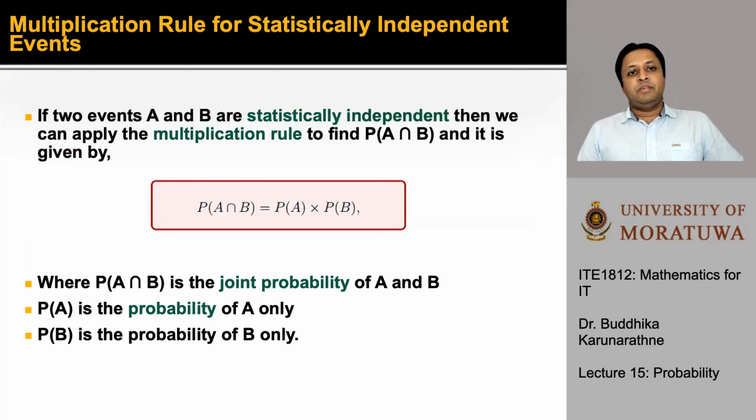We have what we call the multiplication rule for statistically independent events.